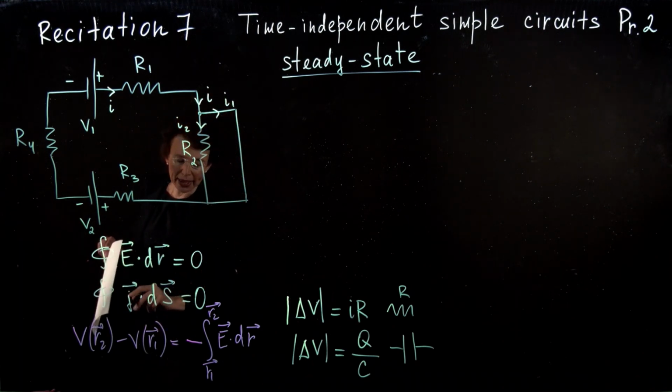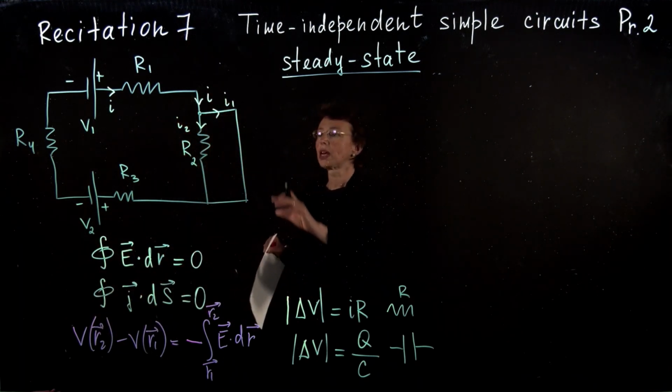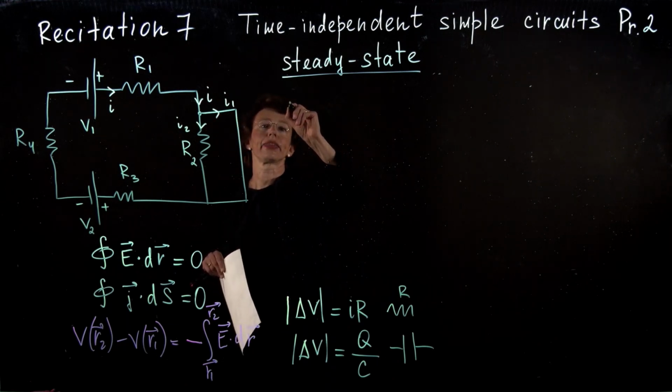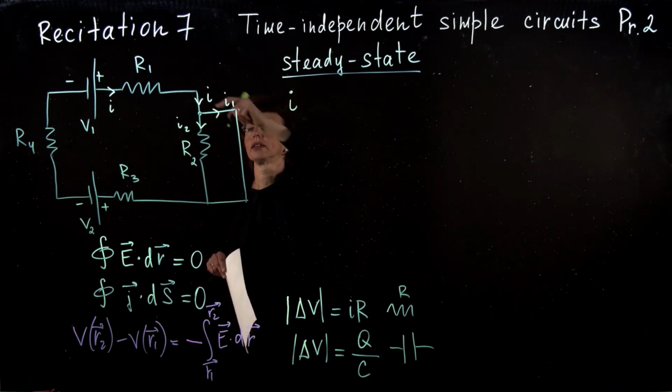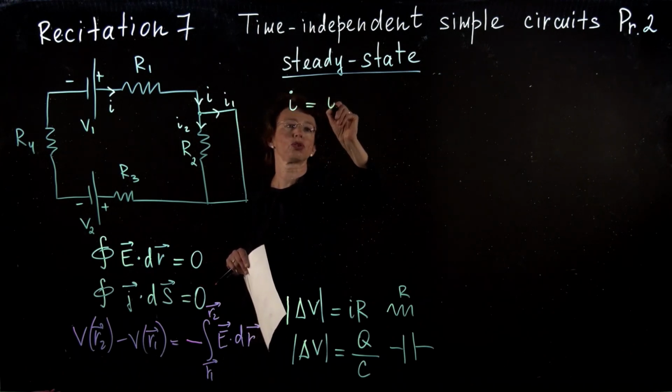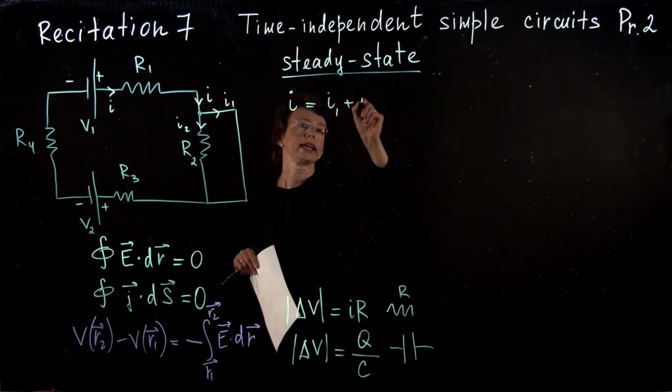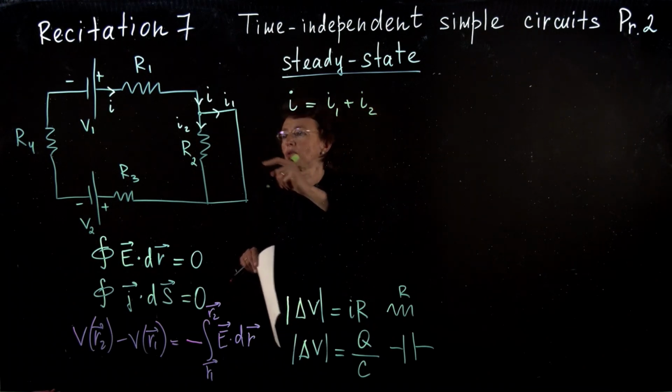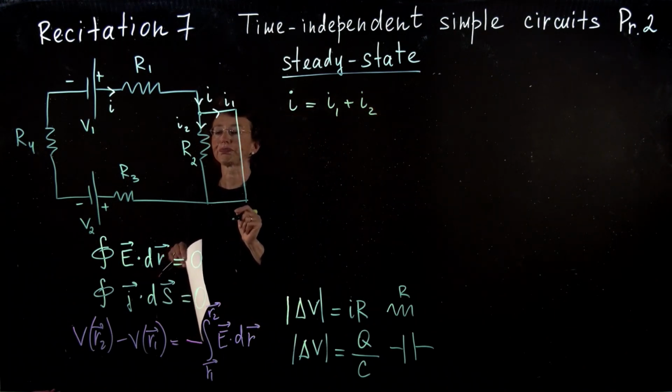Now let's apply the junction rule, which tells us that current I flowing in is equal to the sum of currents I1 and I2 flowing out of this junction.